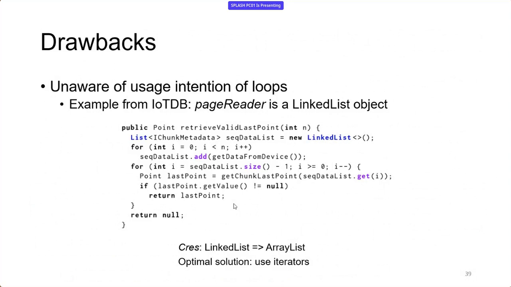But the optimal solution should be to use the reverse iterator to replace this loop and this random access. Currently, our approach cannot identify this semantic usage of the container. So this can be interesting future work.